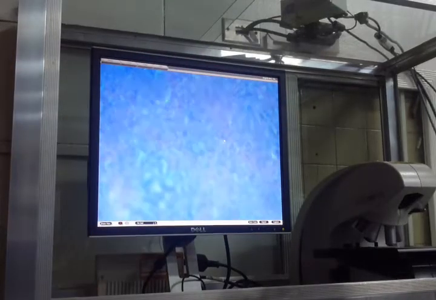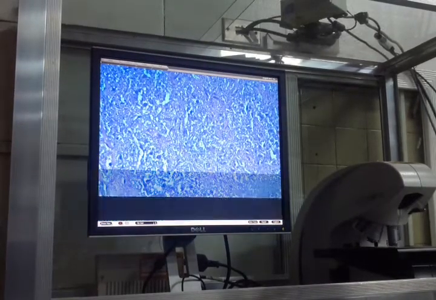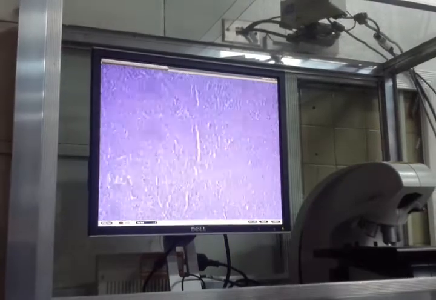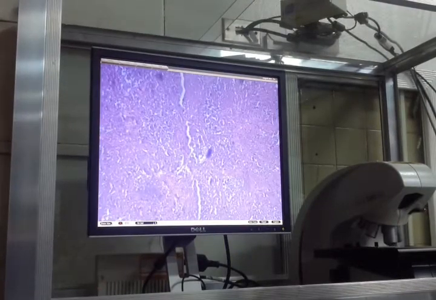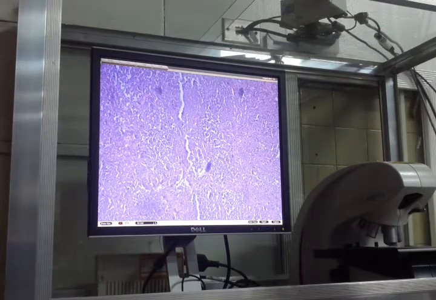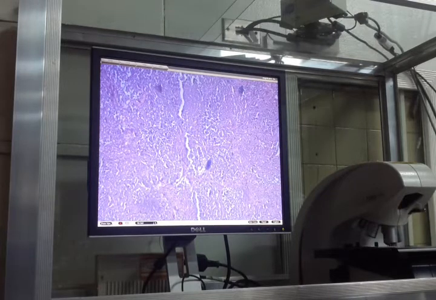What is the cause of caseous necrosis? Hypoxia? Is it caused by hypoxia? It is caused by an infectious agent.